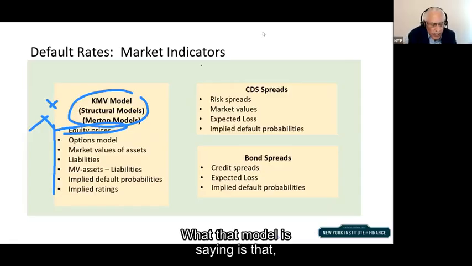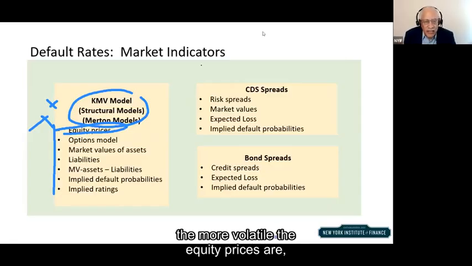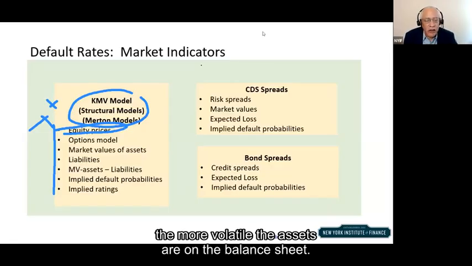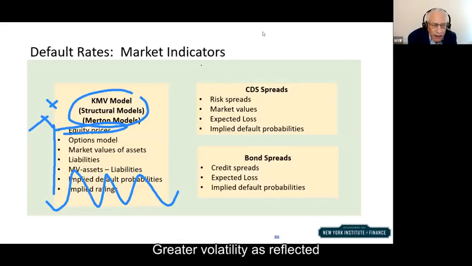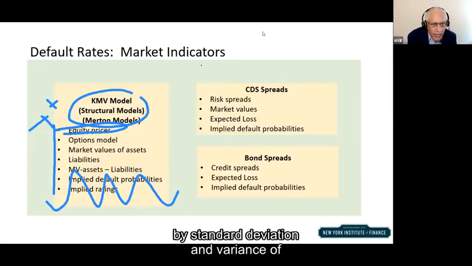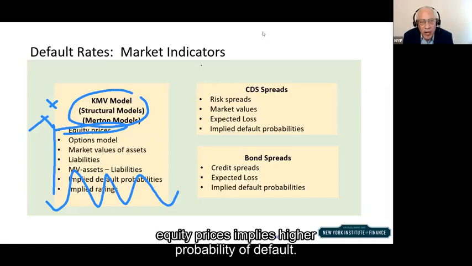And so what that model is saying is that the more volatile equity prices are, the more volatile the assets are on the balance sheet, greater volatility as reflected by standard deviation and variance of equity prices implies higher probability of default.